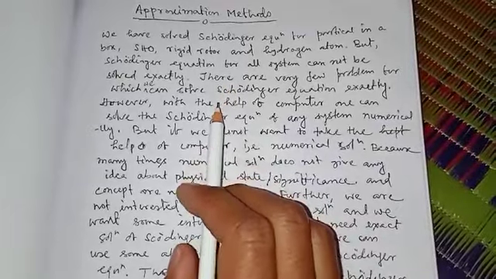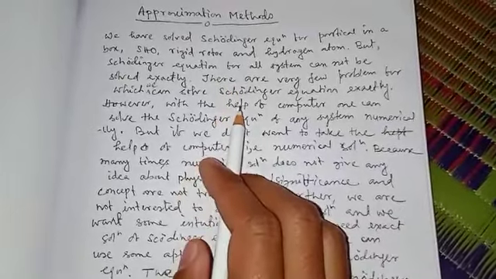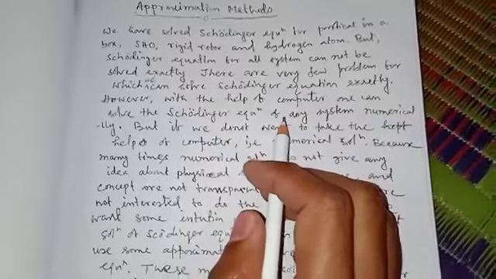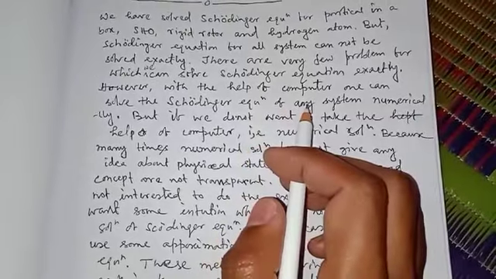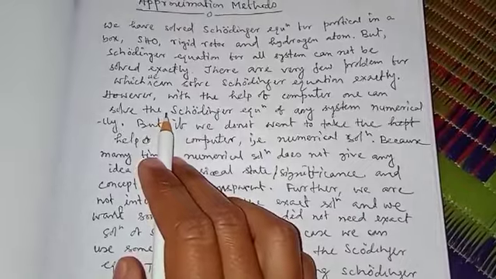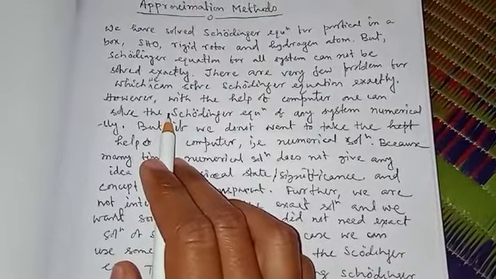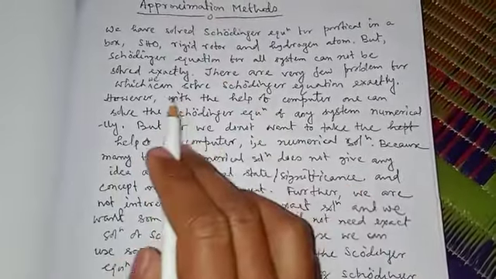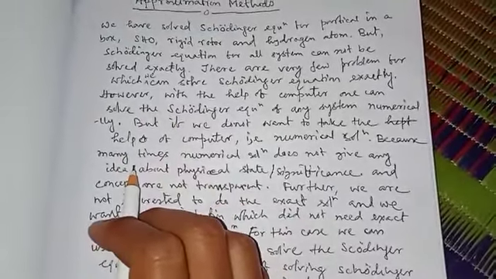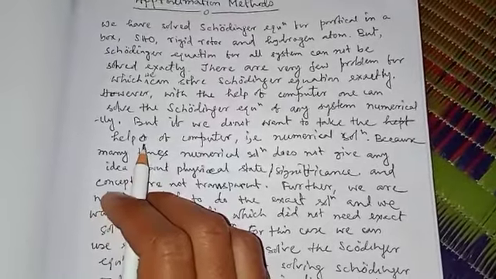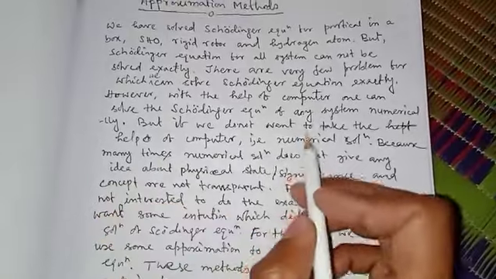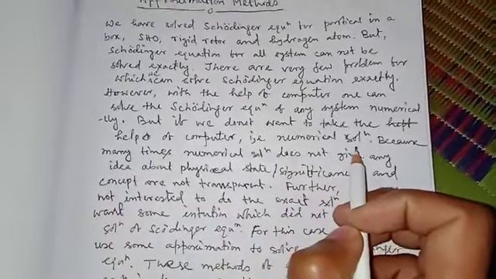So it is clear that there are very few systems where we can solve the Schrodinger equation exactly. The complex systems which are not easy to solve can be solved with the help of a computer. If you take the help of a computer, it will give you a numerical solution, a number-based solution.